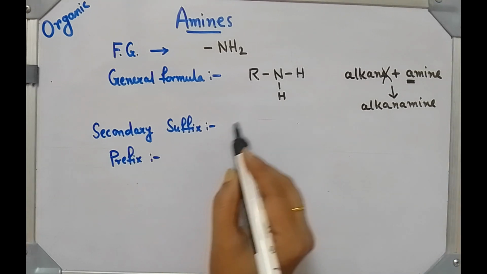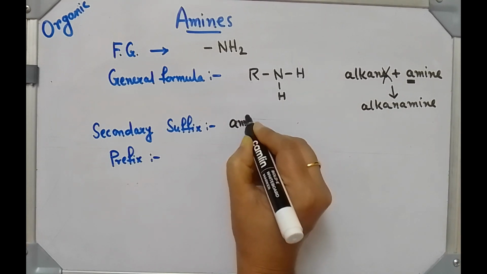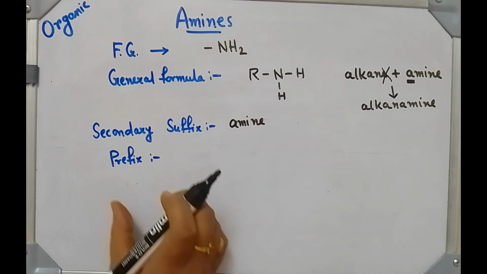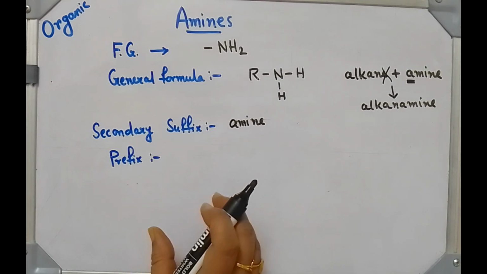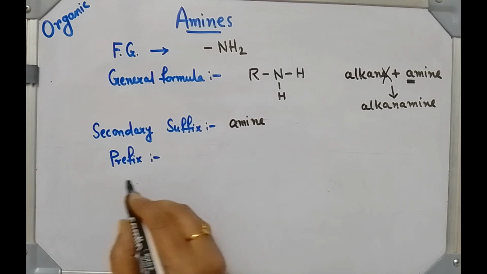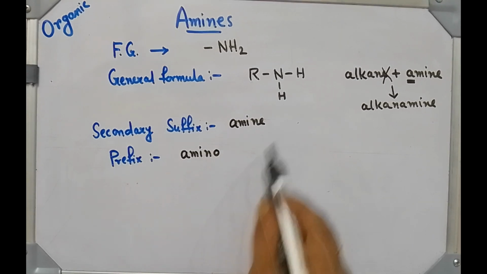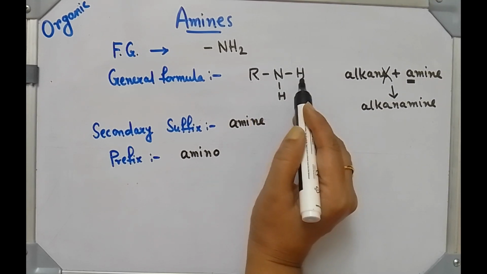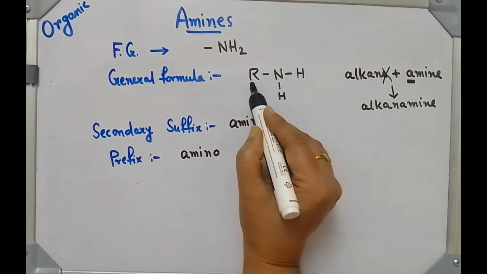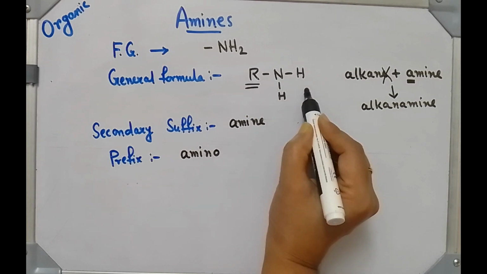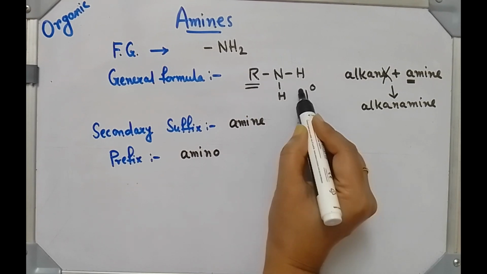Here the secondary suffix amine you have to use. And if this functional group is present as a substituent, then you have to use the prefix amino. Another thing to remember: in ammonia, if one hydrogen atom is replaced by an alkyl group, it is called primary amine or 1-degree amine.